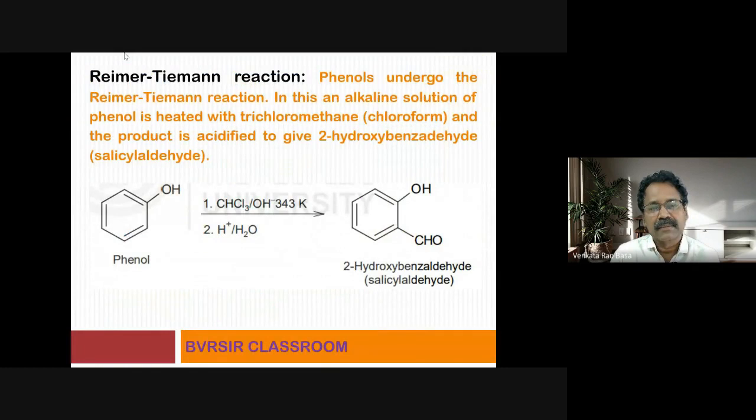Reimer-Tiemann reaction. What is this reaction and what is the significance of studying it? Phenols, that is, compounds with a hydroxy group attached to a benzene ring, undergo the Reimer-Tiemann reaction, one of the characteristic reactions of phenols.